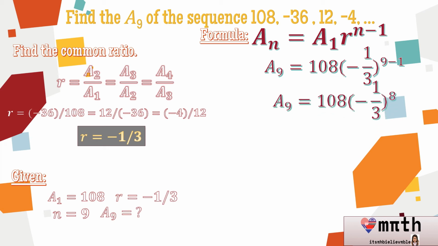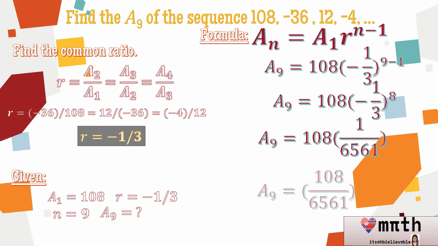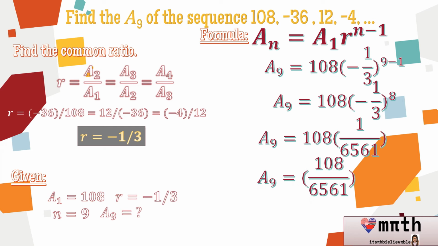Then, negative 1 over 3 raised to 8, that would be equal to 1 over 6,561. Then we're going to multiply it by 108. 108 times 1, that would be 108 over 6,561.